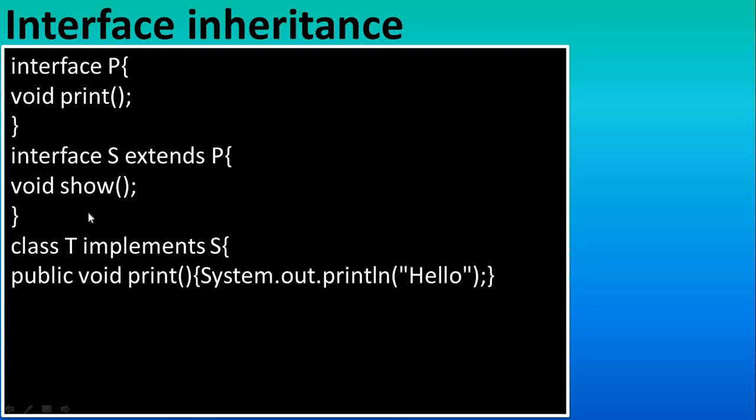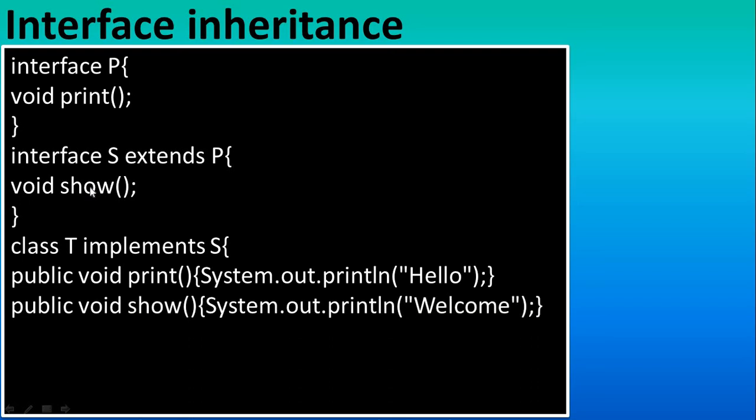So what happens is, even though it is implementing S, you can override the print and show methods in the program. Because T is implementing S, where S can take data from P. So once you write S, you can take the data from the show method and print method, because this is the parent and this is the child.